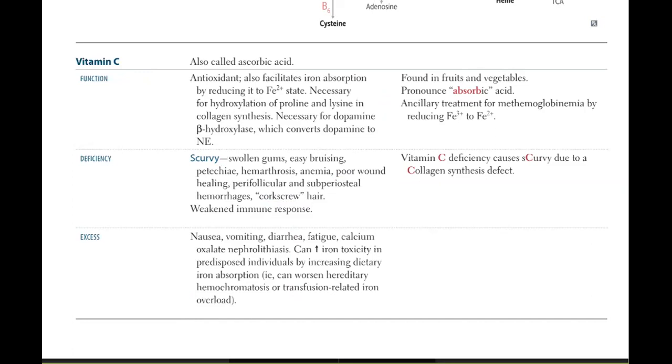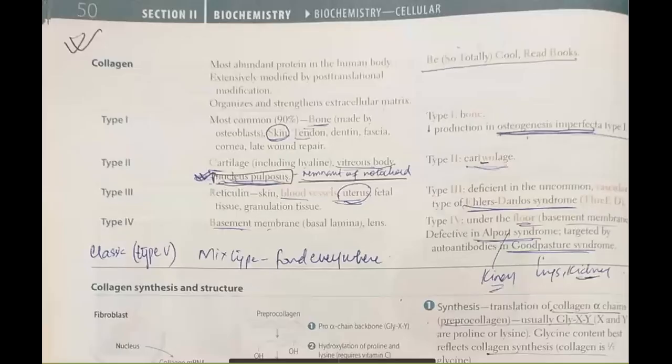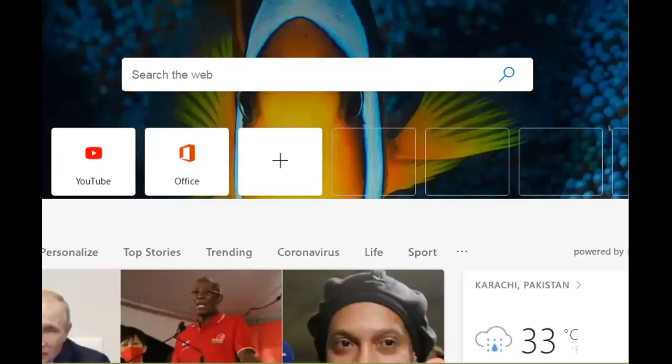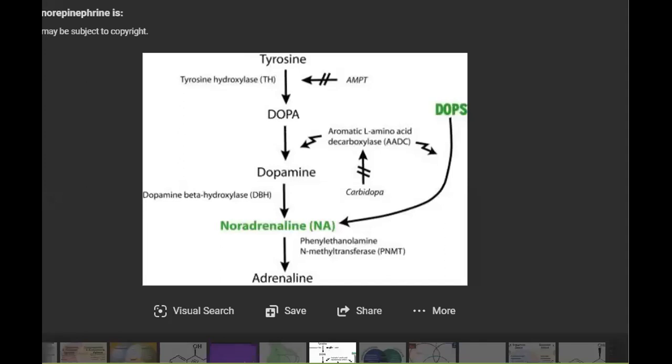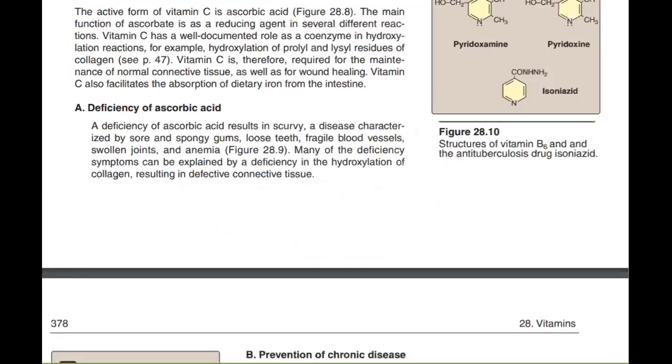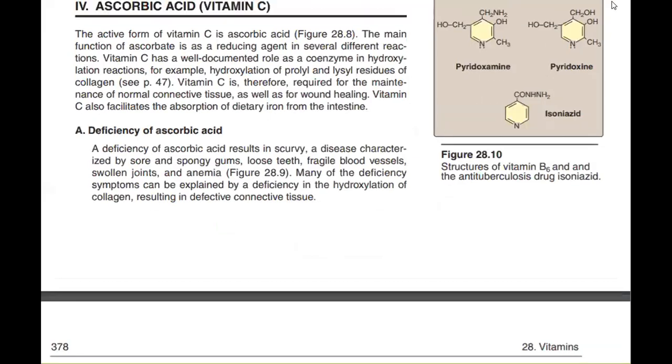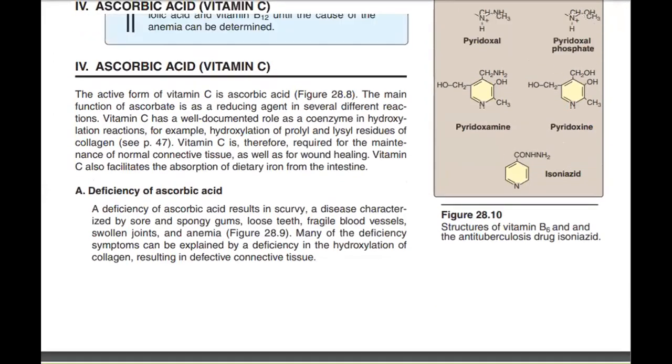I have opened this book. This is your Lippincott, okay? And in here also, they have not touched the clinical points, but there are important points.